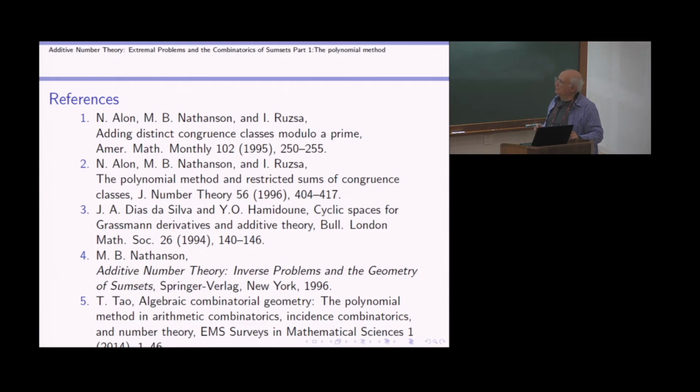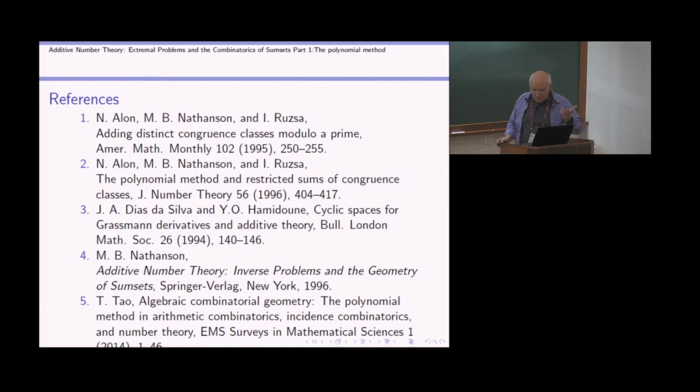Hard to read, perhaps. There's an exposition in my book of the Dias da Silva and Hamidoune proof also, where I could take out the representation theory, because they sort of knew too much when they were writing the papers. You need a little bit less algebra, but the crux of it is really in the linear algebra and the exterior product stuff.